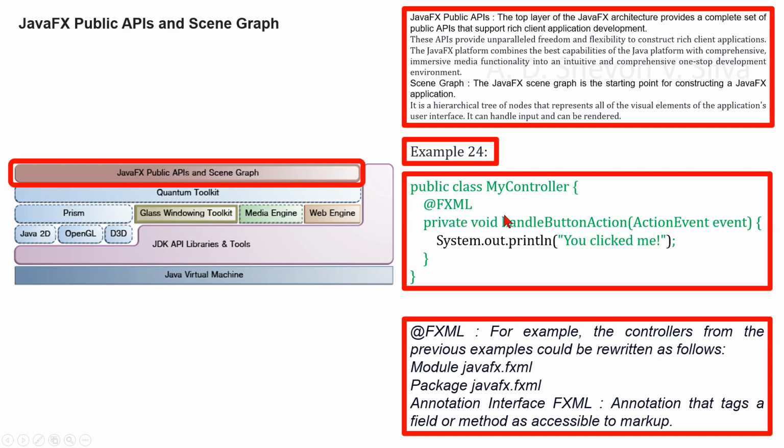Note that in the previous examples, the controller member fields and event handler methods were declared as public, so they can be set or invoked by the loader.